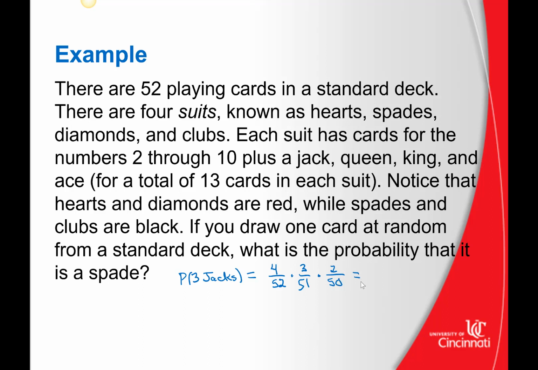What is the probability of this actually happening? Well, all I got to do is to do parentheses 4 times 3 times 2. Close the parentheses. Divided by parentheses 52 times 51 times 50. Close the parentheses. Whoa. This is going to be 0.0018.